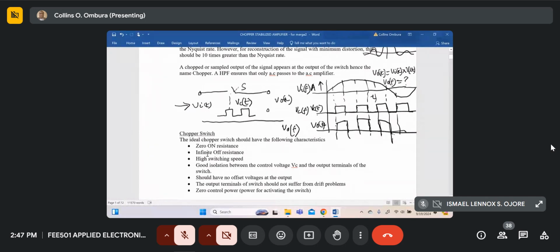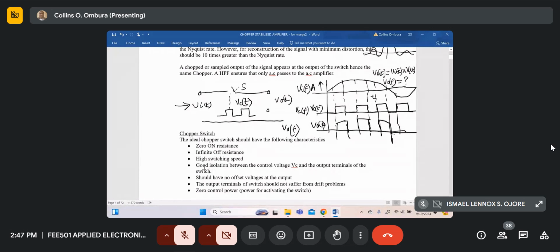It should also have an infinite off resistance. So when the switch is open, no signal either from the control signal or from the input should pass to the output. Number three, it should be capable of high-speed switching when that is a requirement.